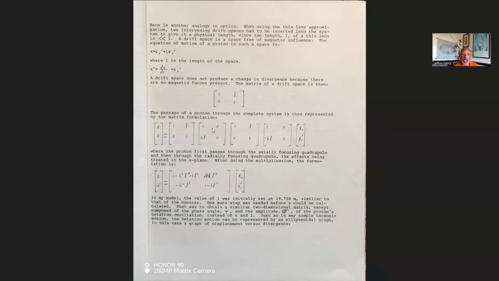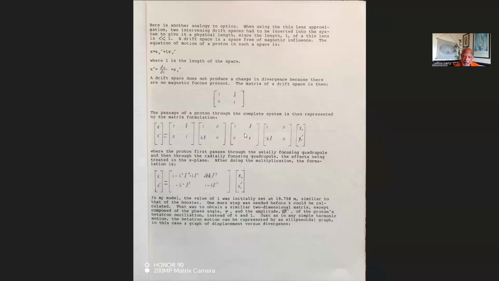After this third matrix, we have to also insert another drift space. All right, 4 matrices. First one, thin lens approximation of the radially, horizontally focusing element of a quadrupole magnet.